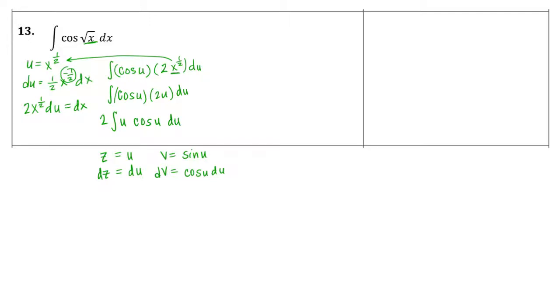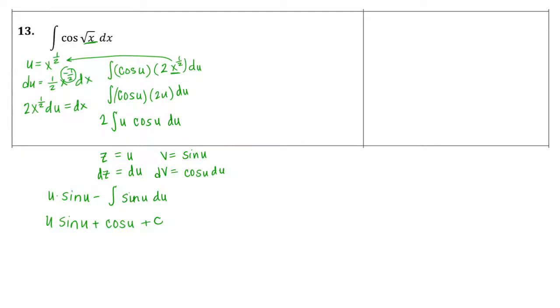All right, so uv, so that's going to be u times sine u minus the integral of v du, which is sine u du. All right, so we have u sine u minus the integral of sine is negative cosine, so positive cosine u, and then plus c, but holy goodness, what in the world did we say u was?